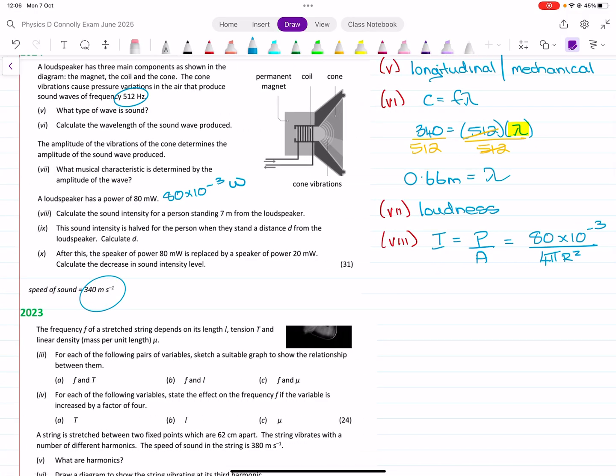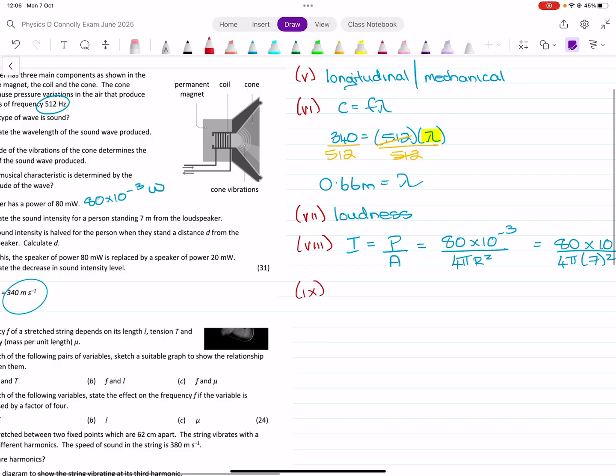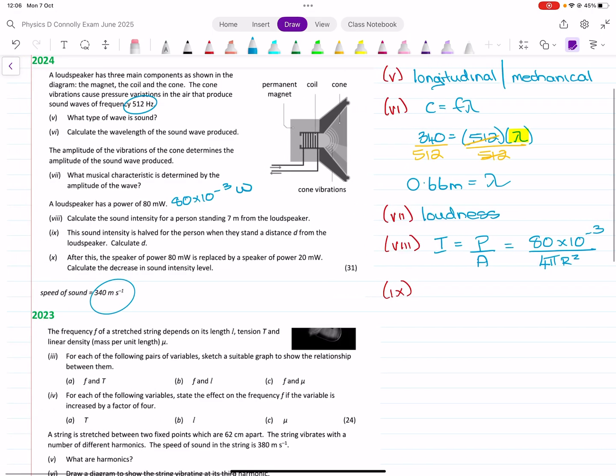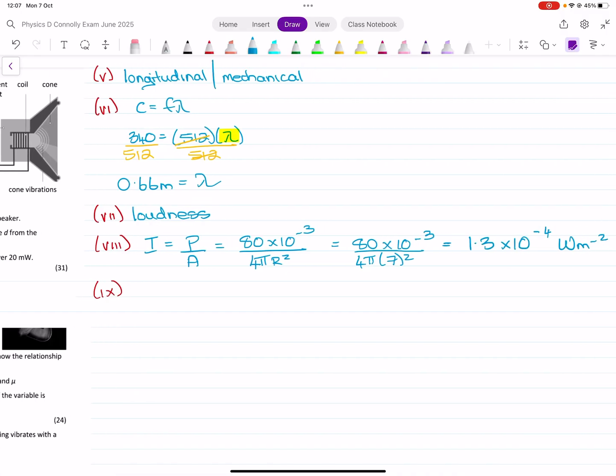The sound intensity is halved when they stand a distance d from the loudspeaker. Calculate d. Okay. So the sound intensity is halved, and that means I take this 1.3 number and divide it by 2.